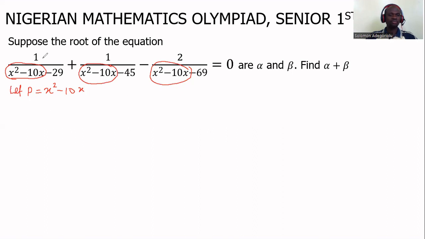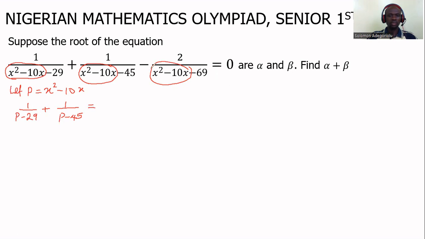In a nutshell, that is going to give us 1 over P minus 29, plus 1 over P minus 45, is equal to, let's take this to the other side of the equals sign.